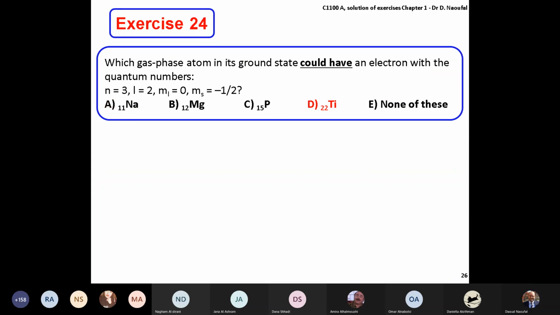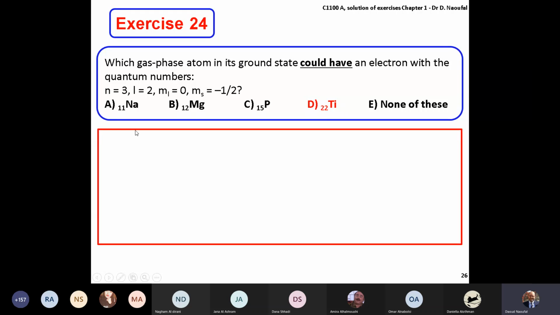Exercise 24. Which gas phase atom in its ground state could have an electron with the quantum numbers 3, 2, 0, minus half? We have several possibilities: sodium, magnesium, phosphorus, and titanium. First of all, I have to write the electronic configuration. Sodium, 11 electrons: 1s2, 2s2, 2p6, 3s1.